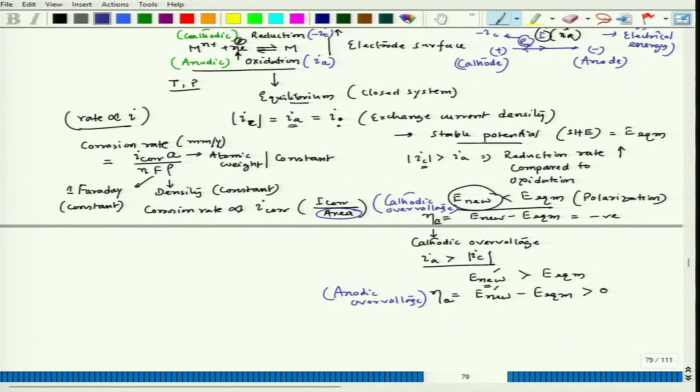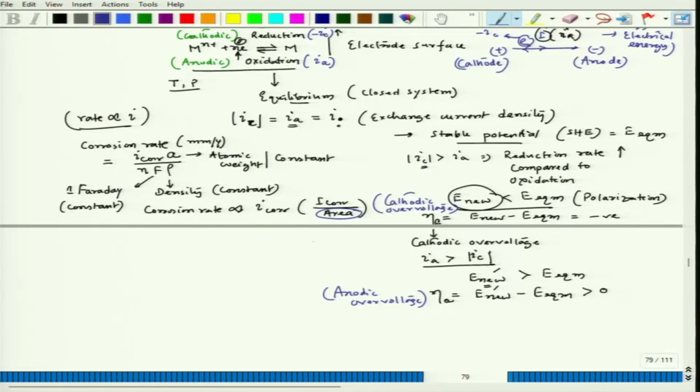Now, here we are getting two terms, anodic overvoltage and cathodic overvoltage, and that gives you the magnitude of polarization. And when polarization happens, we get to see how cathodic protection happens, fine. So, for example, if we talk about cathodic overvoltage, it can be written in terms of what is called the Tafel equation.